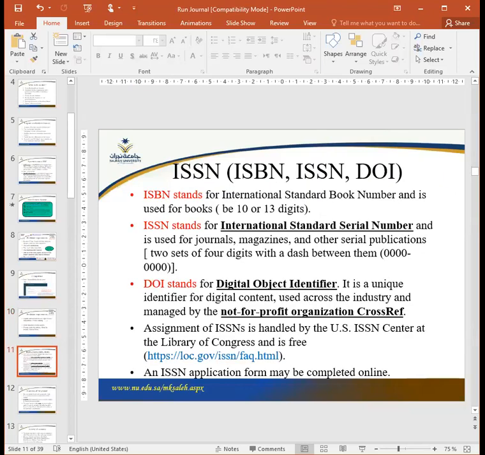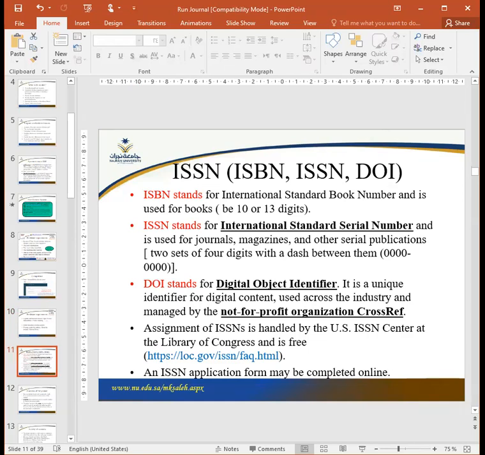As a senior researcher, in the step of establishing a scientific journal, it is expected that you know the difference between ISBN, ISSN, and DOI. ISBN stands for International Standard Book Number, so it is for books only, and it consists of 10 or 13 digits.